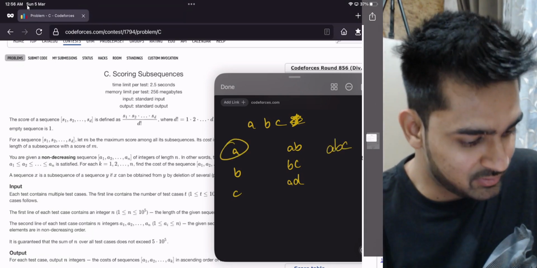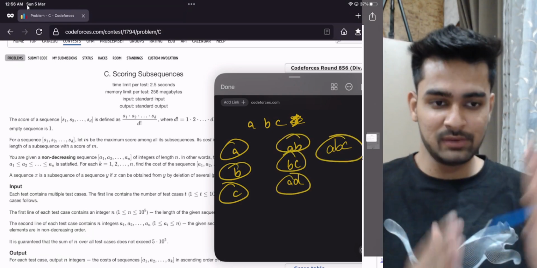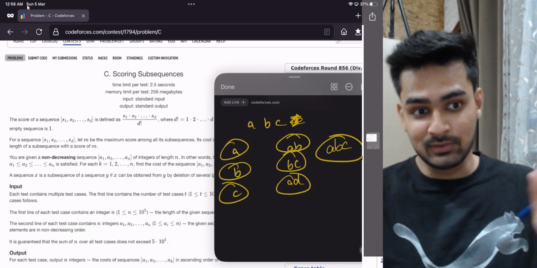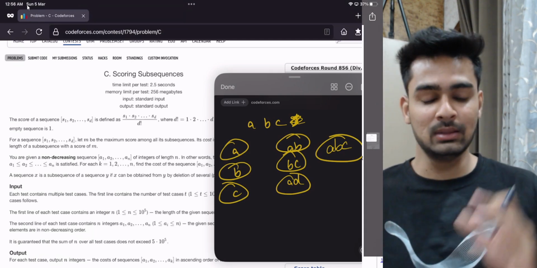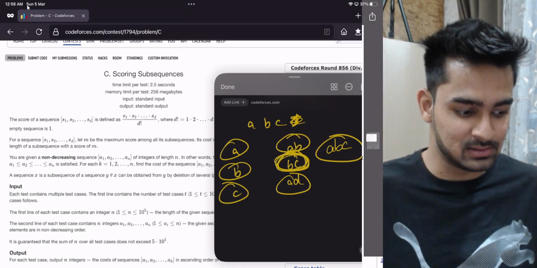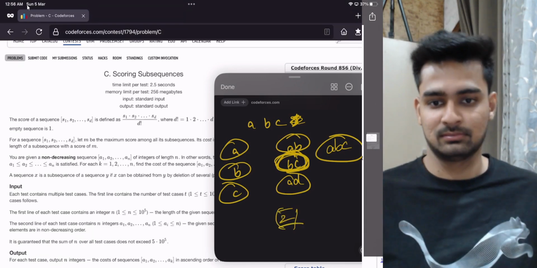We need to find the score of each of these. Whichever subsequence has the highest score, the length of that subsequence is going to be the cost. For example, if just BC had the maximum score, then 2 is going to be the cost.